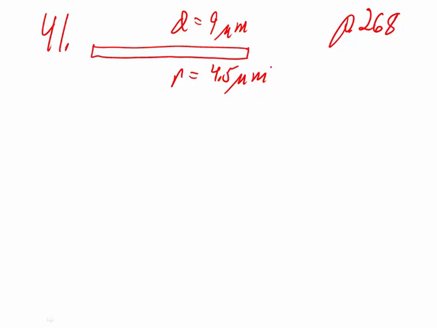And then it says, what maximum tension could this fiber support without breaking? So basically what we're looking for is the tensile strength. How do we find that?